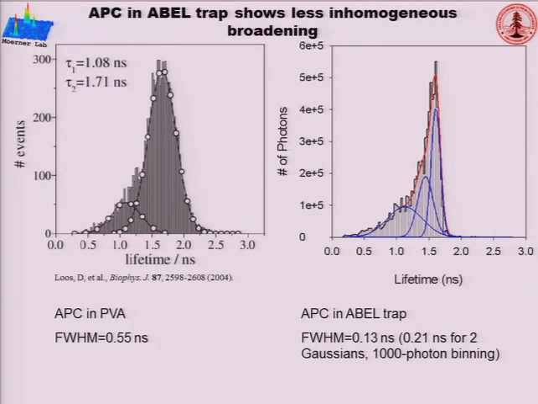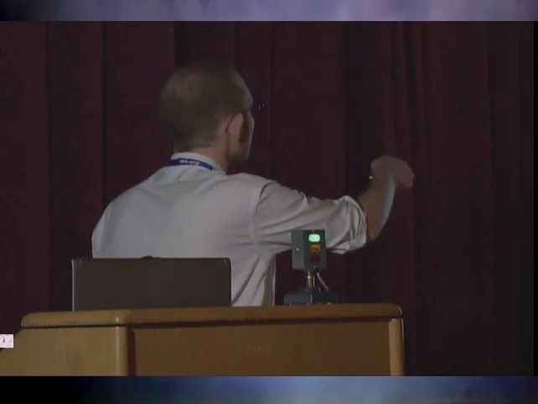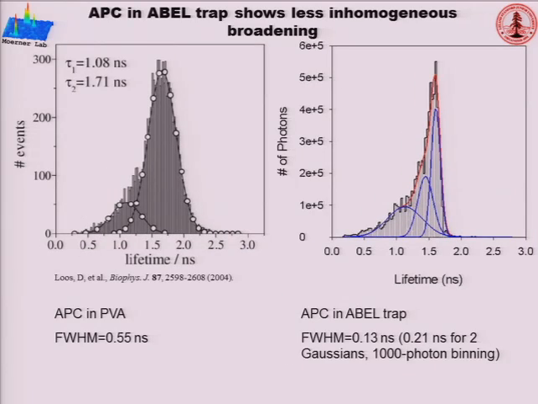And I think this makes sense when you take a population of single molecules and you immobilize them in a polymer. Each molecule is going to experience a subtly different microenvironment, which will cause it to adopt a subtly different conformation, which will cause it to give you subtly different photophysics. And so what we have here is sort of a smoking gun for what a solution phase measurement can give you by substantially reducing that inhomogeneous broadening.